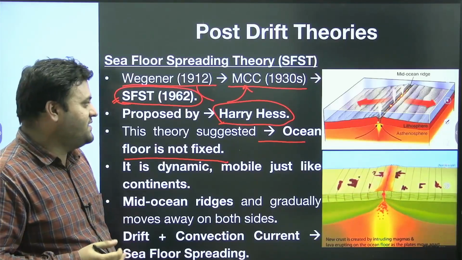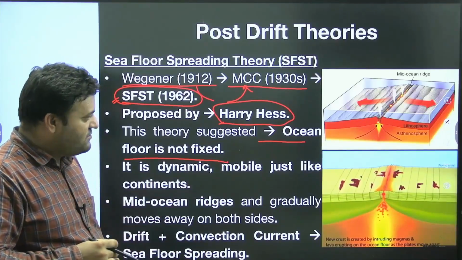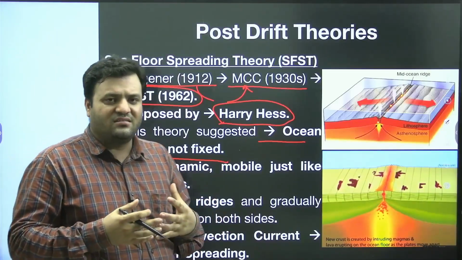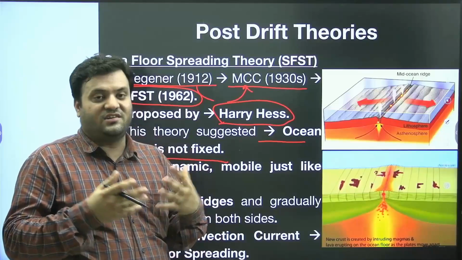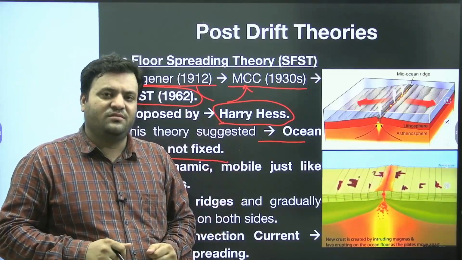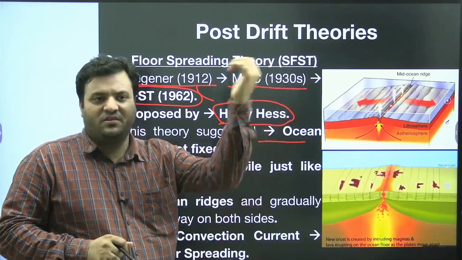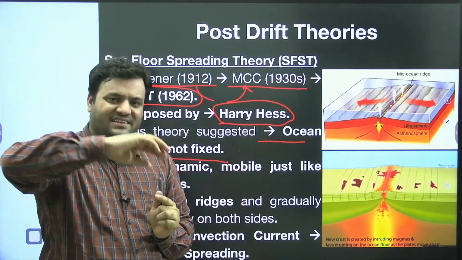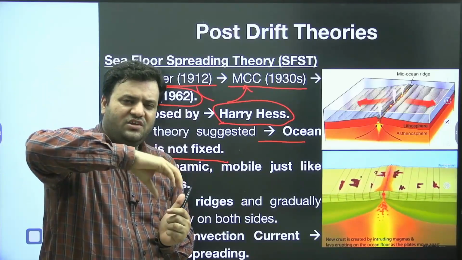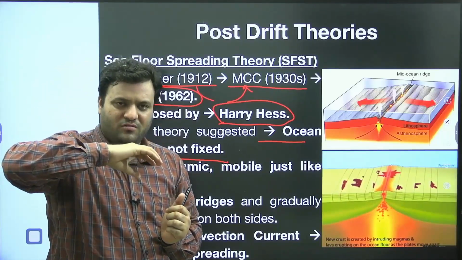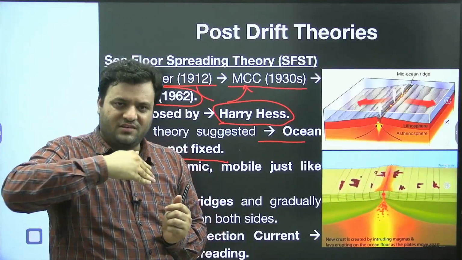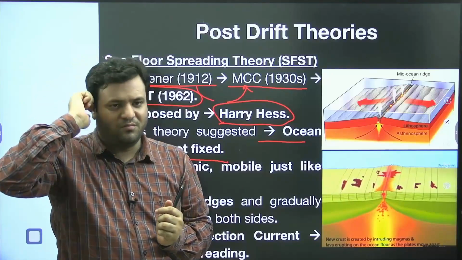Even before Hess, there were so many explorations, and even at the bottom of the ocean they found low-lying hills, a series of hills, both horizontally as well as perpendicular.